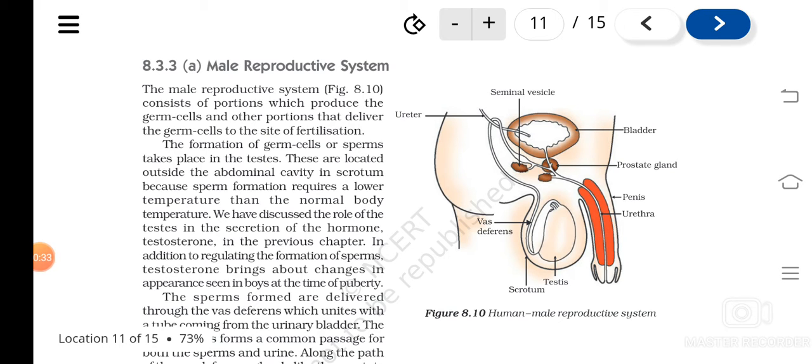Before starting the new topic today, I would like to inform you that you all have to write the practical lab manual, and you also have to submit a portfolio, isn't it? For the portfolio, I'll be giving the topic: any 5 disorders of the human digestive system.